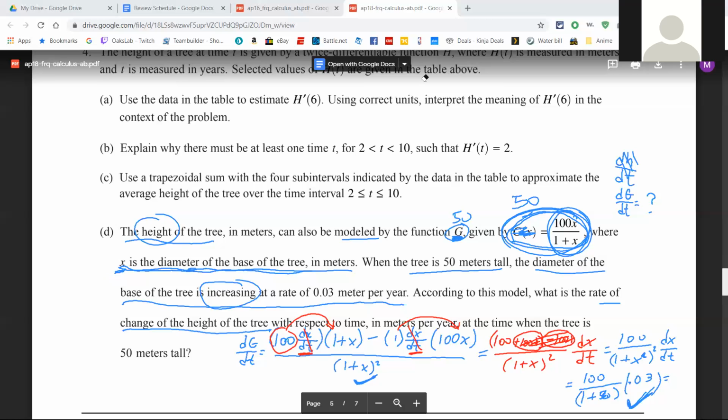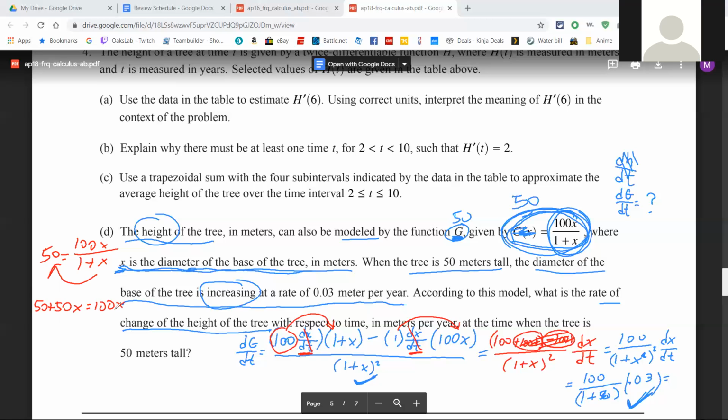All right, so we have 50. Oh, that's the eraser. We have 50 equals 100x over 1 plus x. So I would multiply 1 plus x to the left side, and that'll give me 50 plus 50x equals 100x, correct?